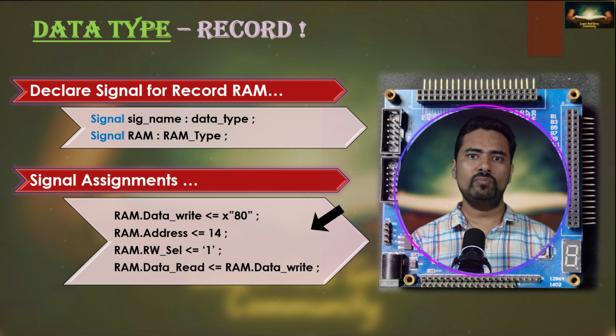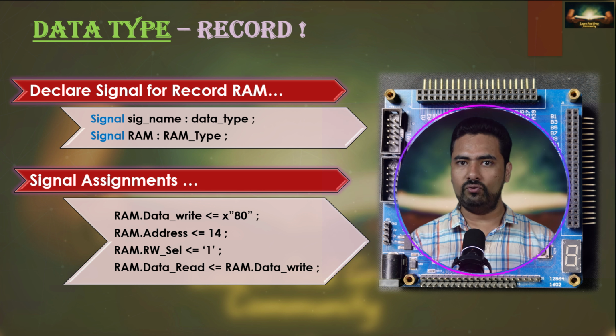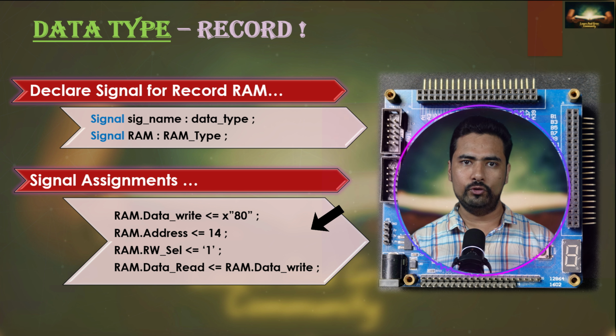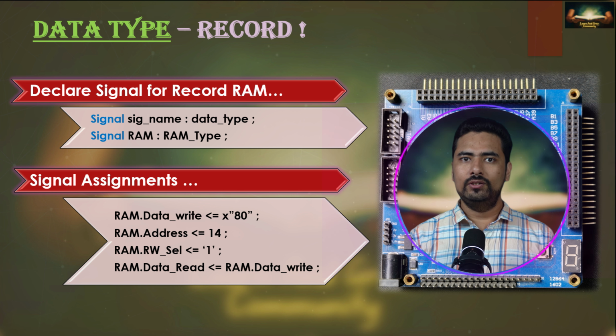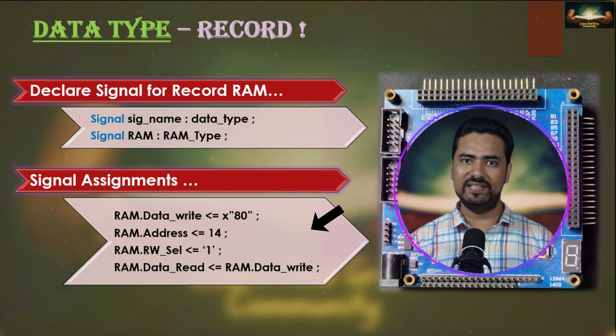To conclude, you must notice that there are 4 elements in this RAM type record: read pins, write pins, address line and the RW selection pin. However, it is not mandatory to use records for all such requirements. As an alternate option, you can also declare those 4 elements individually by creating 4 individual signals, right? So the question is why you should use a record, or whether you should prefer the records feature in VHDL.